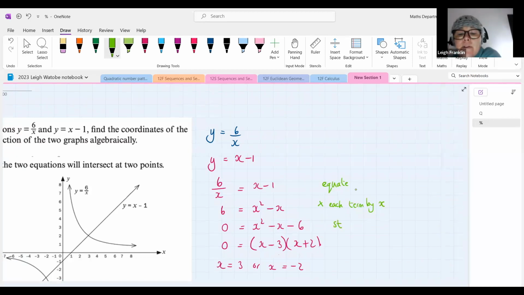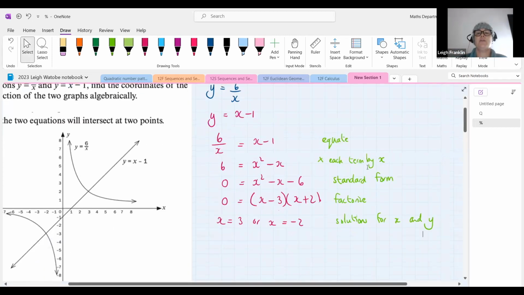You're going to get it into standard form. You're going to factorize, and find your solutions for x and y. Okay, so those are the general steps.